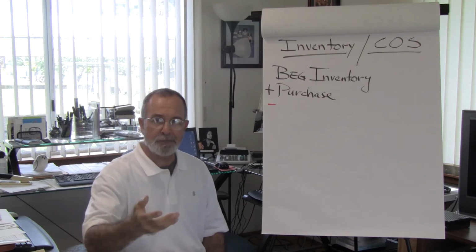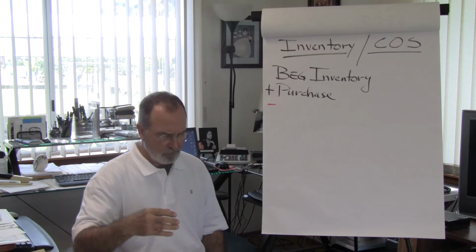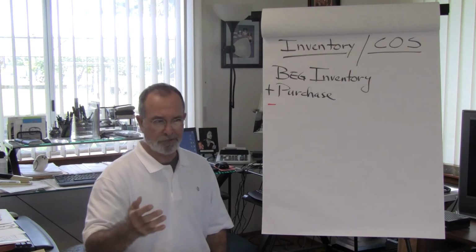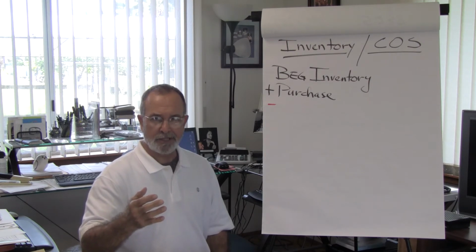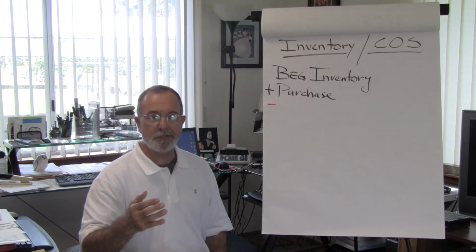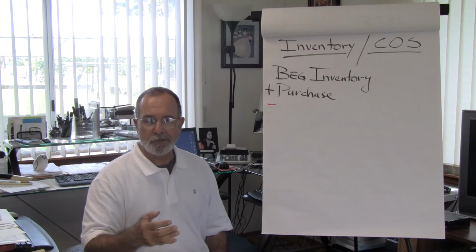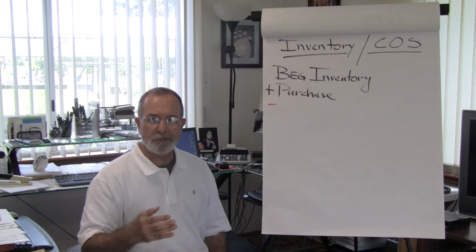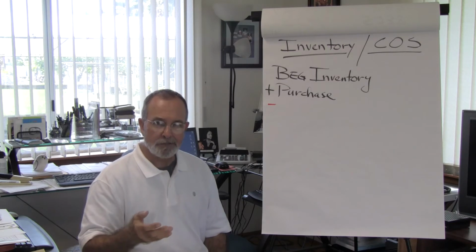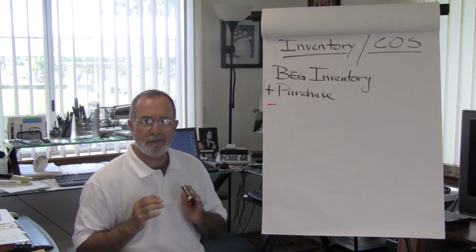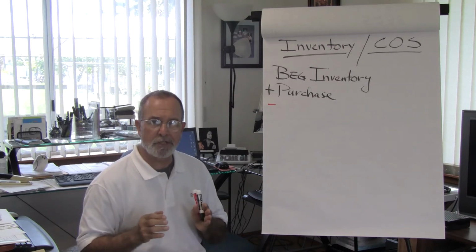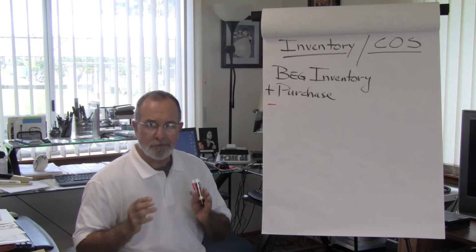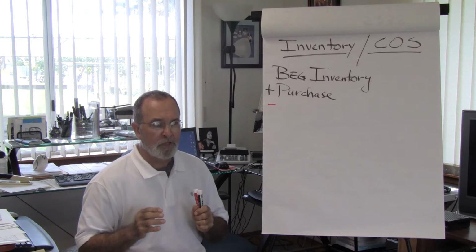Or if it's a price concession, let's say we sold an item for $10 and for one reason or another we decide to give the customer a change of price. Let's say we're going to reduce the price by $3, then that would also be considered a sales allowance. So we would use that contra revenue account, sales returns and allowances, for those types of transactions.